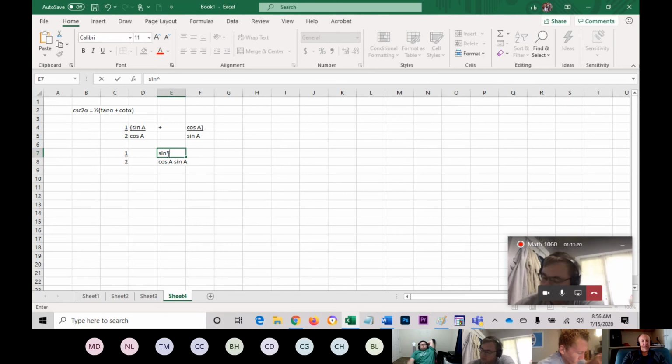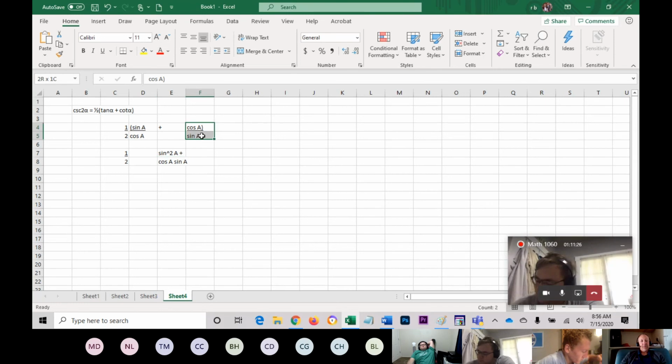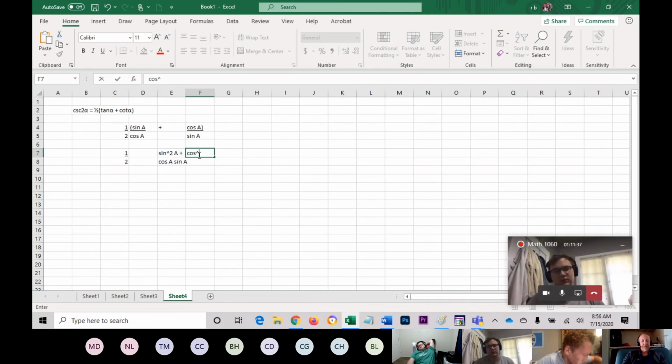Okay. Now, what would you multiply this by to get your denominator? Cosine of alpha. So this becomes plus the cosine squared of alpha, right? Okay. So what's the sine squared of alpha plus the cosine squared of alpha? Just 1, right? Bang.